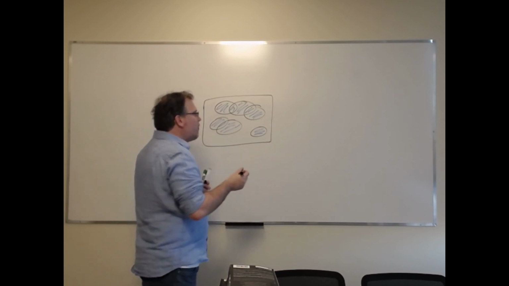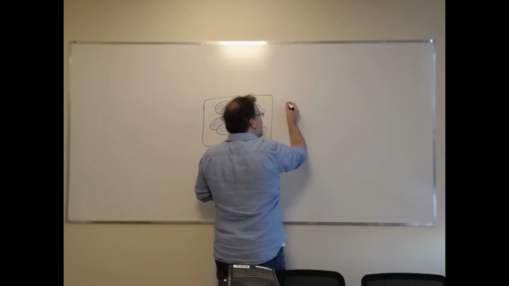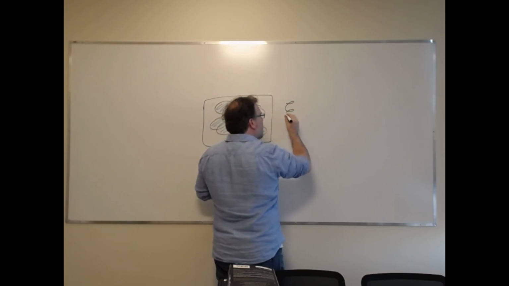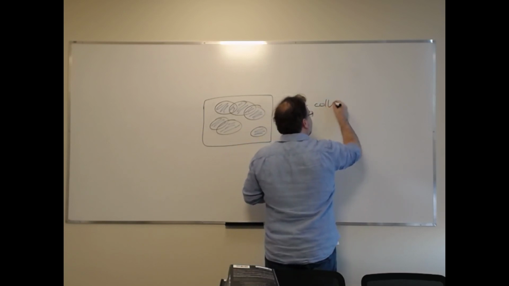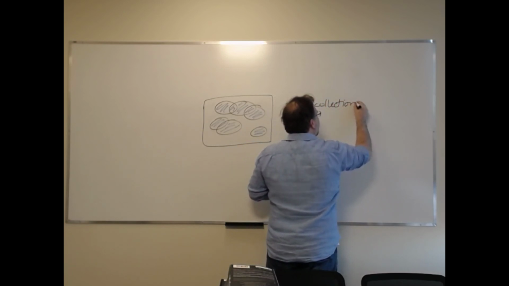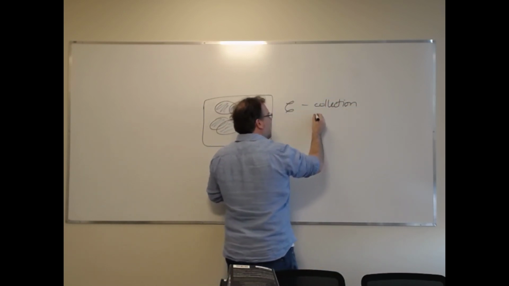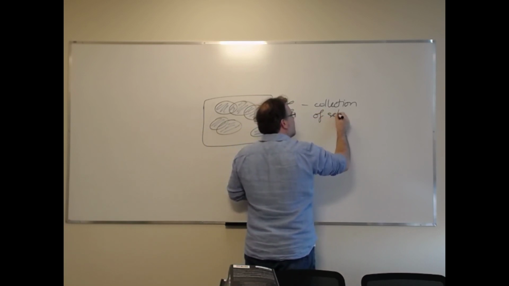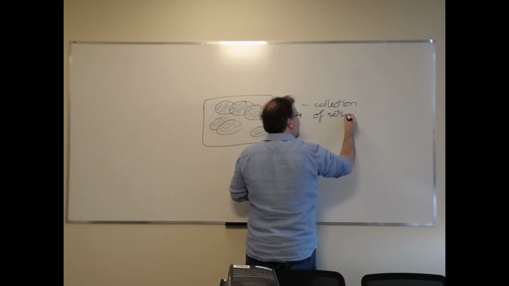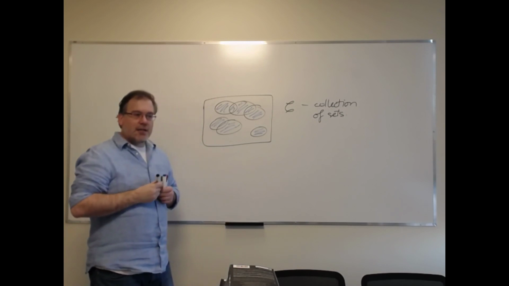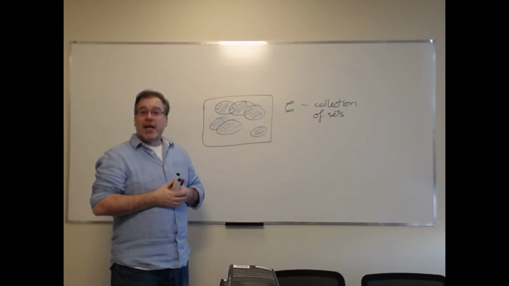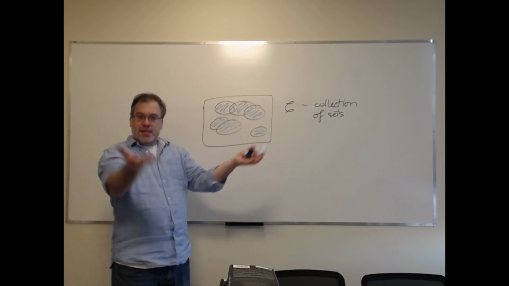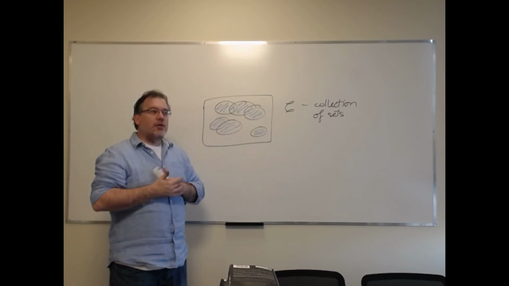Well, what we're going to want to do is form something that we'll call a collection of sets. We're going to use fancy scripted letters to talk about a specific kind of sets, namely collections of sets. Now we know we can form collections of sets because we have the pairing axiom that tells us take two sets, form a new set with those two sets.